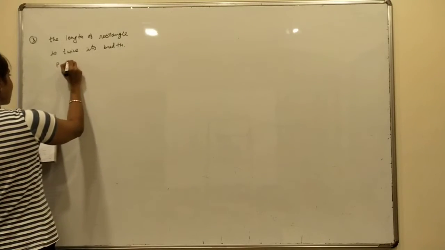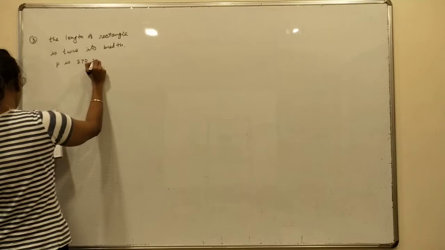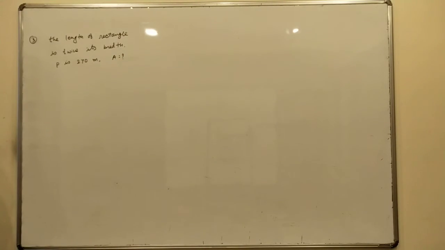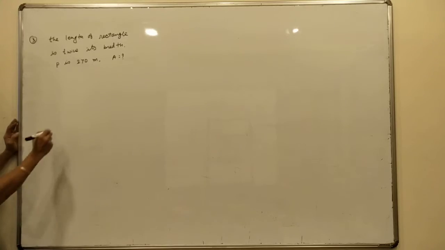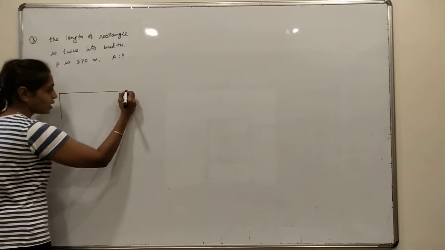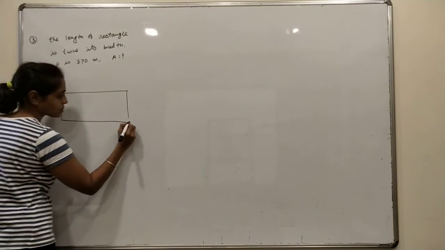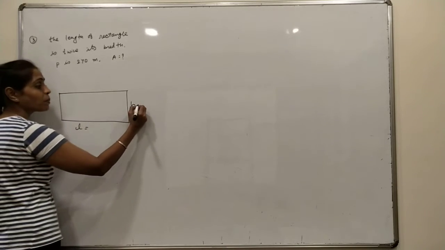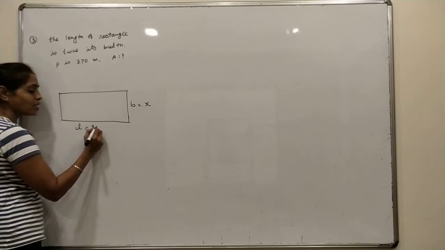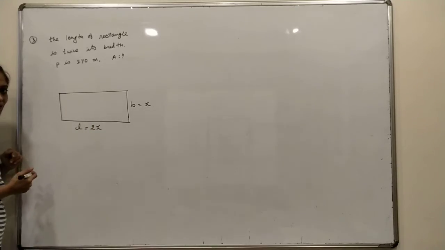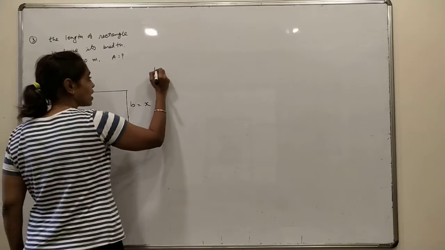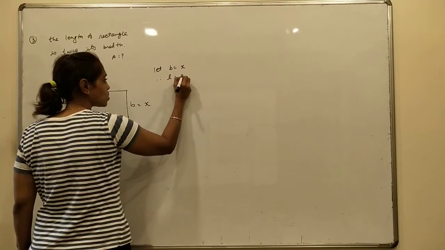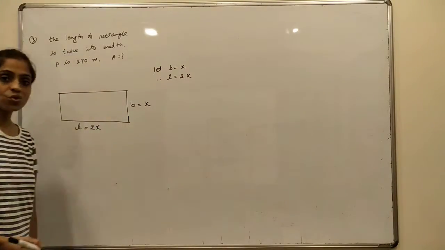Perimeter is 270 meter. Find its area. The rectangle's length is twice. If the breadth is x, the length is 2x, because length is twice. Let breadth be x, so length is 2x.